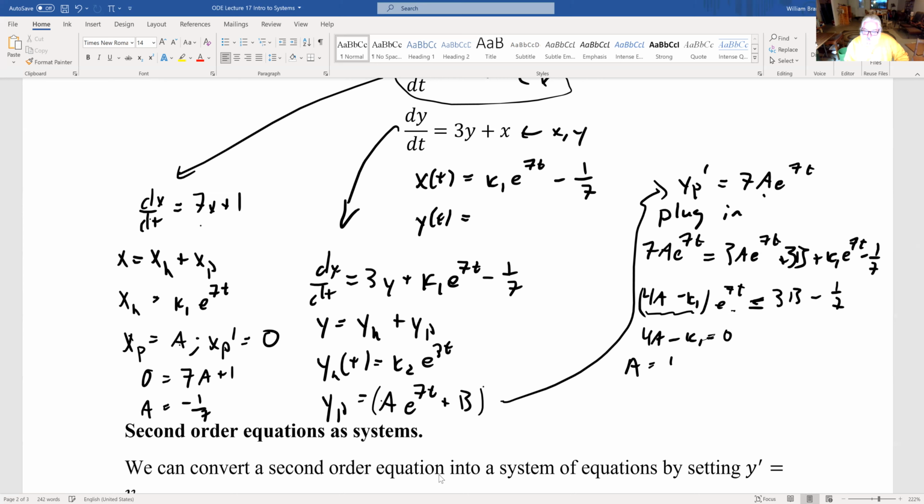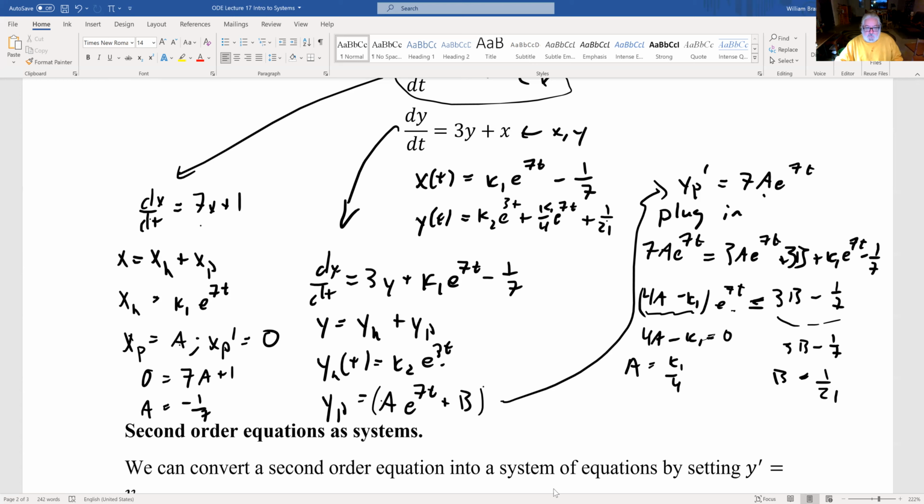Or a equals k1/4. But that makes the left-hand side equal 0. That means this has to be equal to 0 as well. 3b minus 1/7 equals 0. And so that means b has to be 1/21. So y of t turns out to be its homogeneous solution, k2 e to the 3t, plus the particular solution, which is k1/4 e to the 7t plus the constant 1/21.